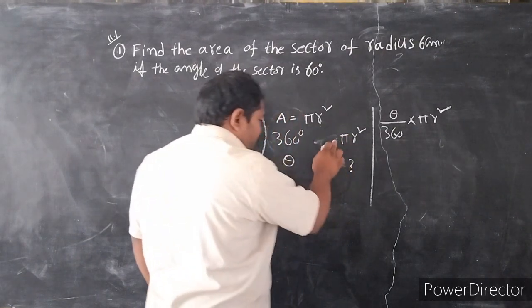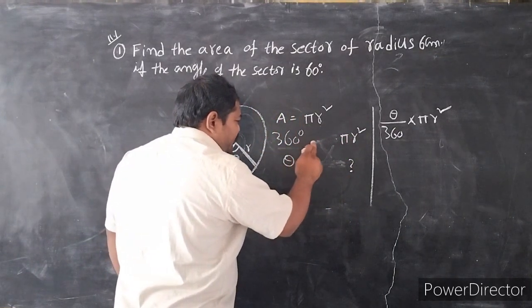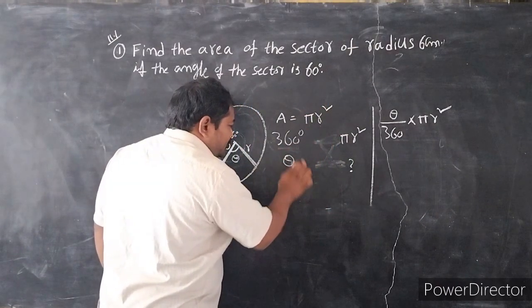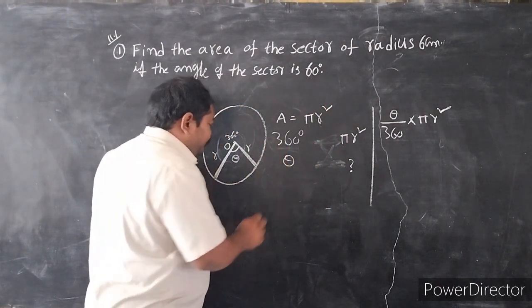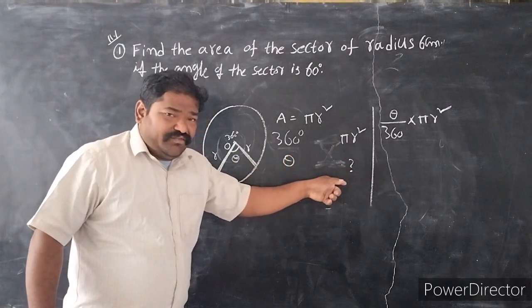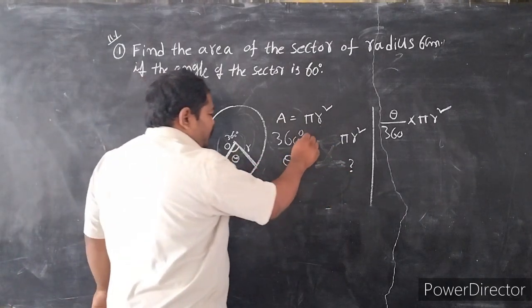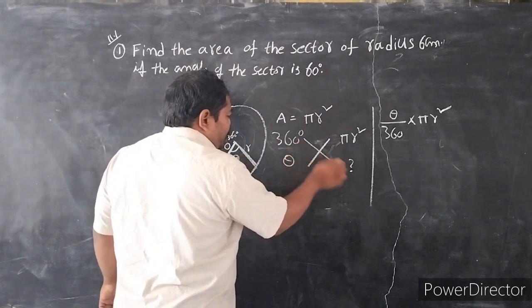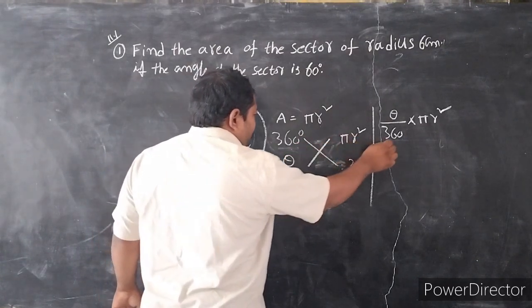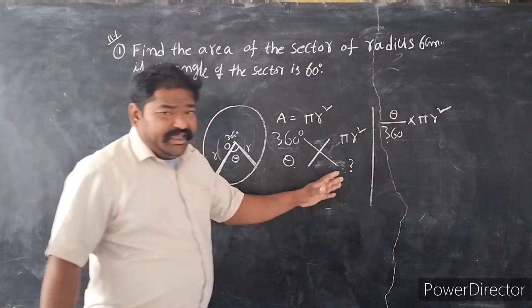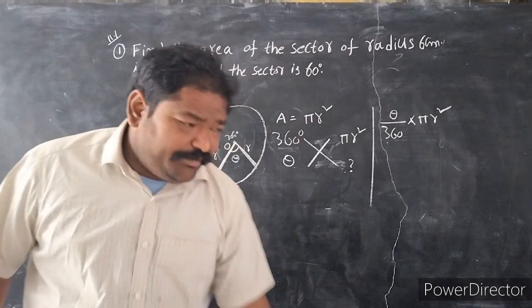For 360 degrees, we have pi r square, which is more. For theta, which is less than 360, we have less area for the sector. That's why we cross multiplied here. The question mark opposite comes to the denominator. Theta by 360 into pi r square is the area of the sector. Remember this thing.